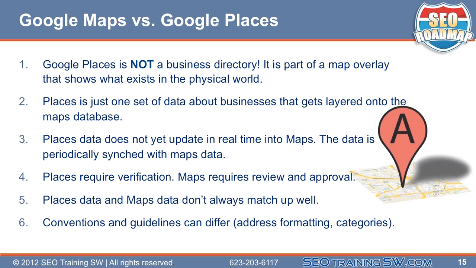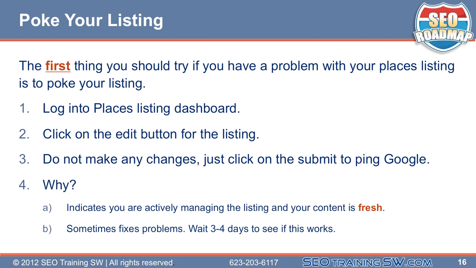It's not as bad as what Apple's been through. They don't have cities or the Eiffel Tower in the bottom of the ocean. But there is incorrect data there. And also, conventions and guidelines can differ as far as address formatting and categories within Google Places and Google Maps.